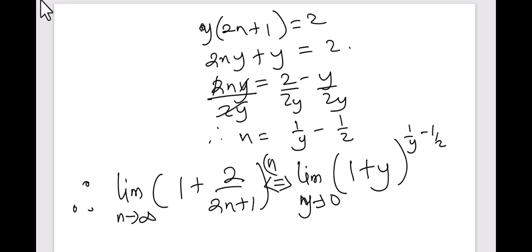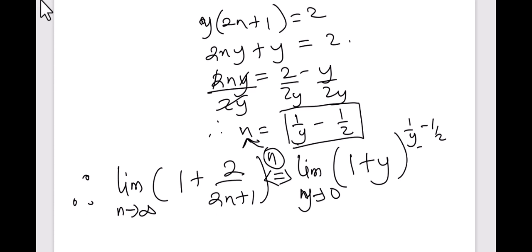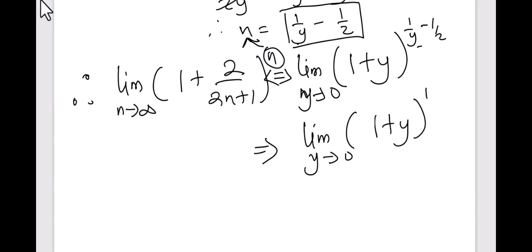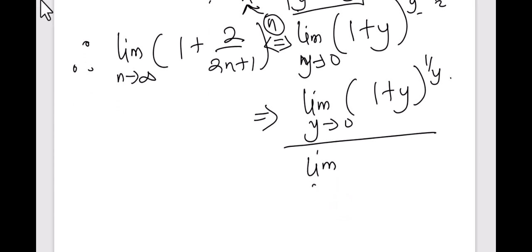In place of the n, we replace it with this expression. So let's see how we are going to deal with this one. Just like the laws of indices, we have the limit as y goes to 0 of (1 + y)^(1/y) over the limit as y goes to 0 of (1 + y)^(1/2).